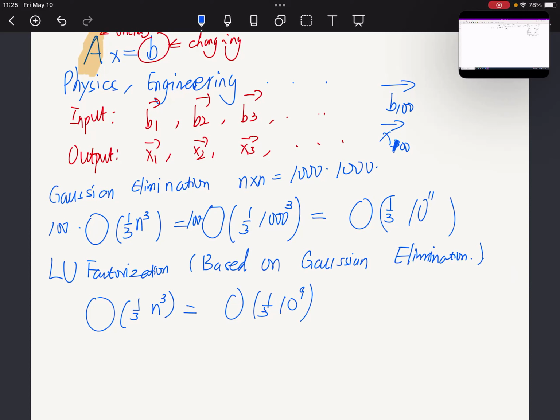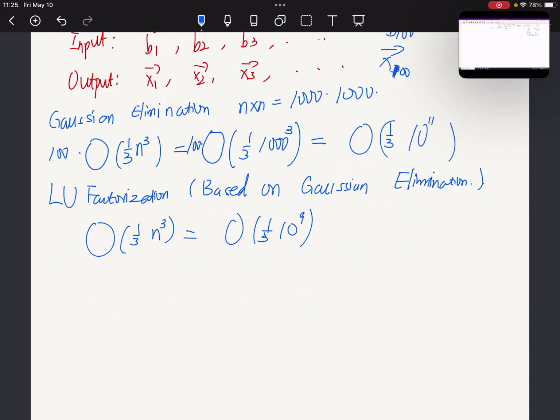I'm giving you one example of how to record the information in one matrix. So for LU factorization, if you take a look at the name, it means that we are going to decompose the A matrix into two parts, the L matrix and the U matrix.